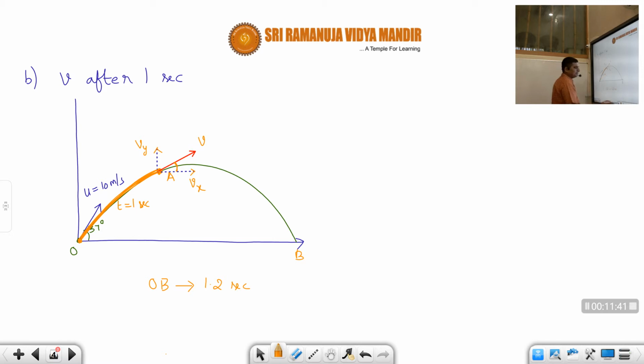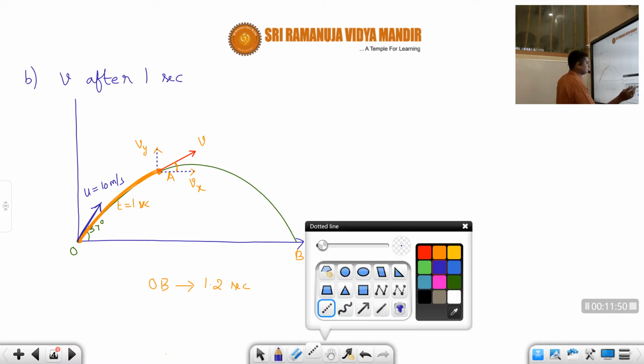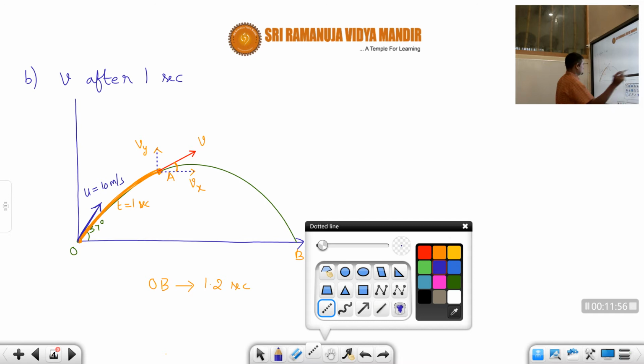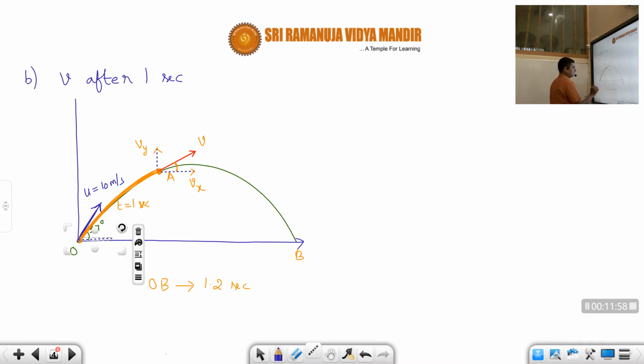Now here at the initial point, this is the velocity 10 meters per second which has got components. Correct or not? What are the components students here? This is one component and this is another component.